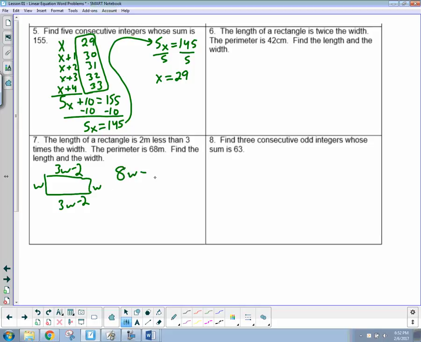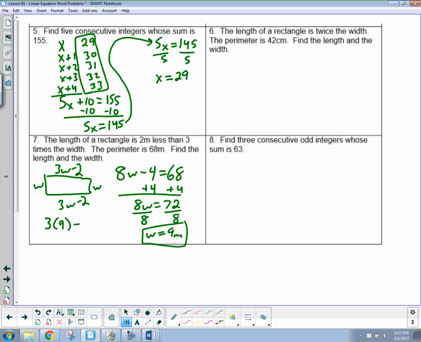Add 4 to both sides. We get 8w equals 72. Divide by 8. W equals 9 meters. Plug that back in. 3 times 9 minus 2 and we get 25 meters. That's length. Okay?